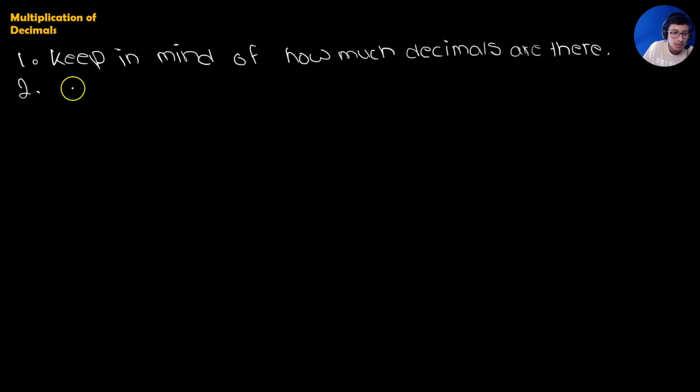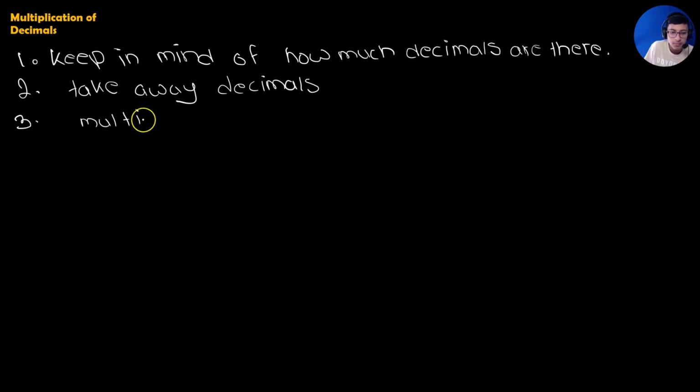Second, we take away the decimals. And third, we just simply multiply. And fourth, we just put back the decimals.